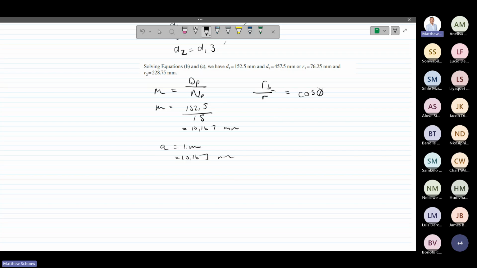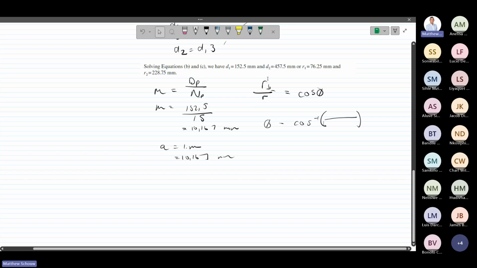We're finding the new pressure angles. Cos phi, that we're going to need to calculate. And our initial R was what?